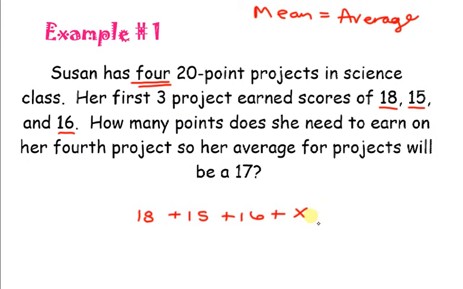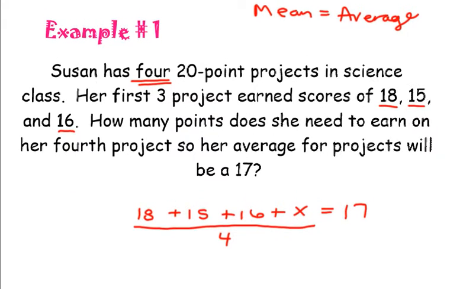And the reason why we add x is because, remember, x is what we don't know, and so we don't know her last score. Now, all of that divided by 4, because there's 1, 2, 3, 4 scores, should equal 17.